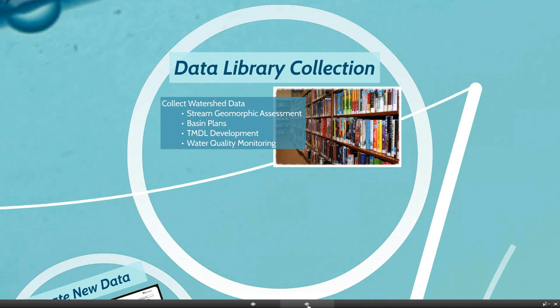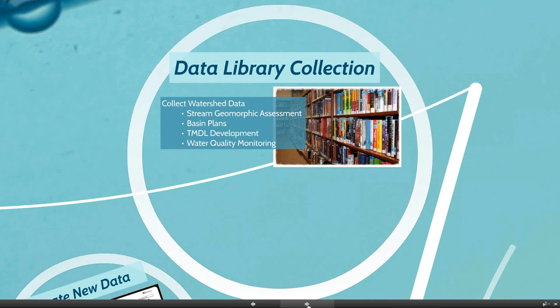There are several good ones in many locations where there's already been some kind of basin assessment, potentially with projects already identified and ranked that could be really helpful and eliminate the need for you to do some initial legwork.